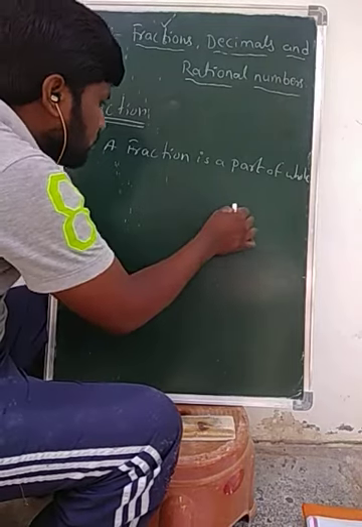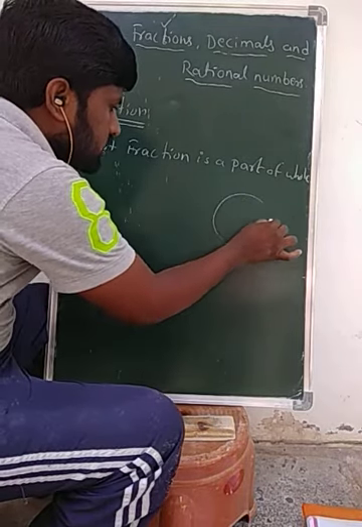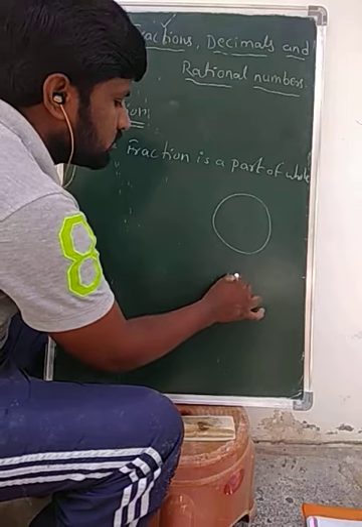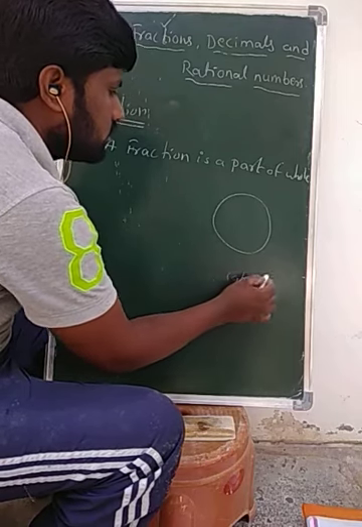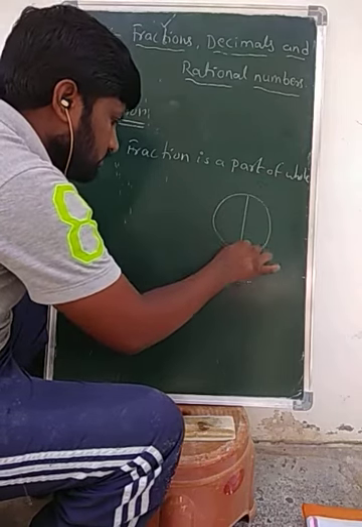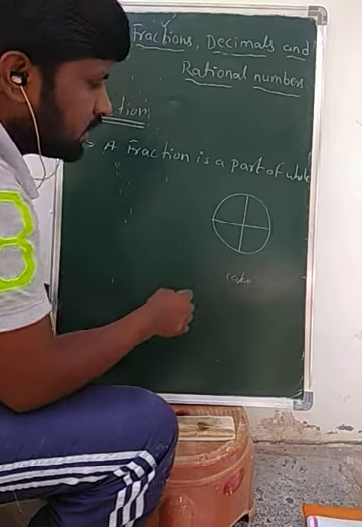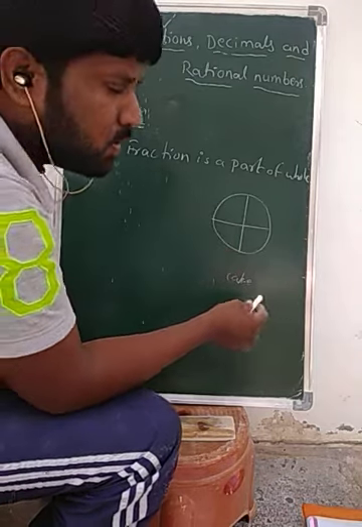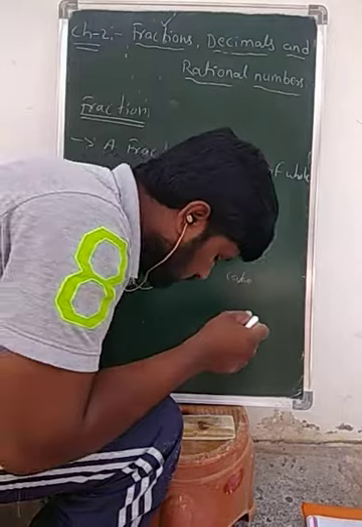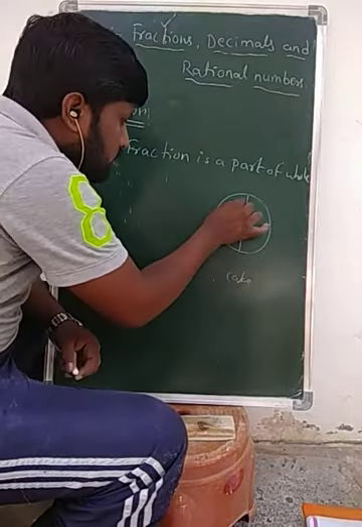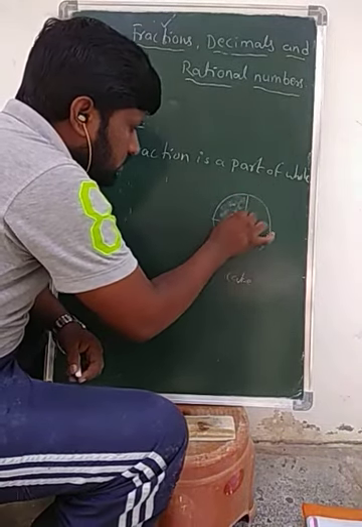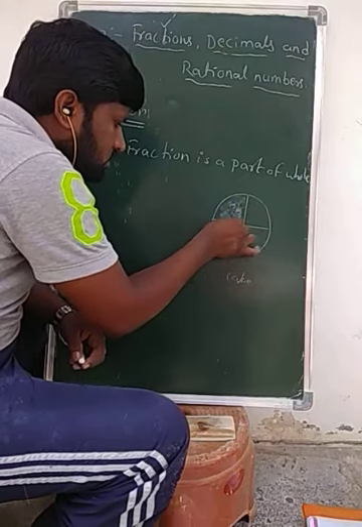For example, this is a cake. So what I am doing here, I divided it into 4 parts. In that, I am shading 3 parts.